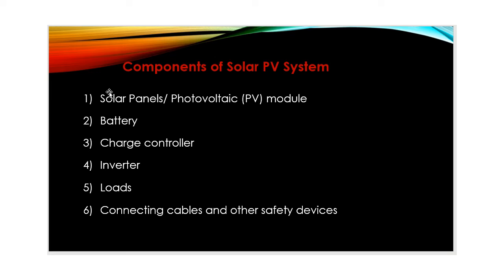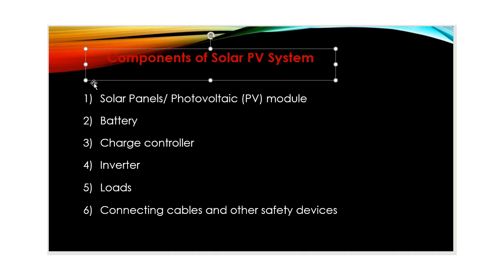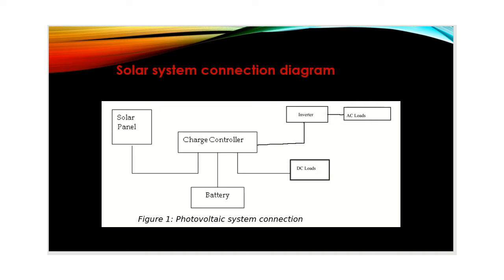The fourth component in a solar PV system is the inverter. Then we have the loads as the fifth one, and the connecting cables and other safety devices. These are the accessories.